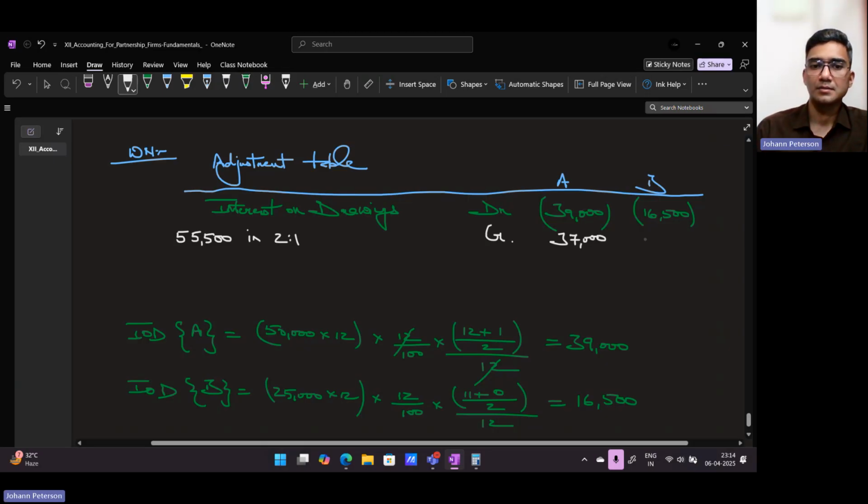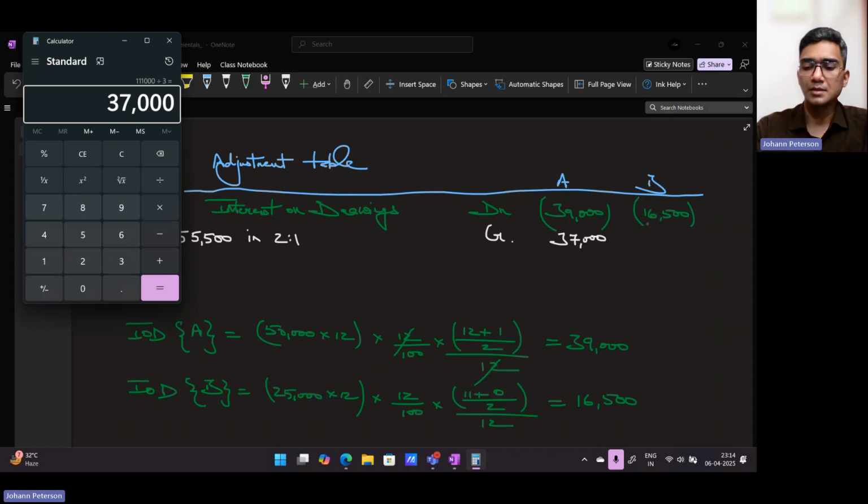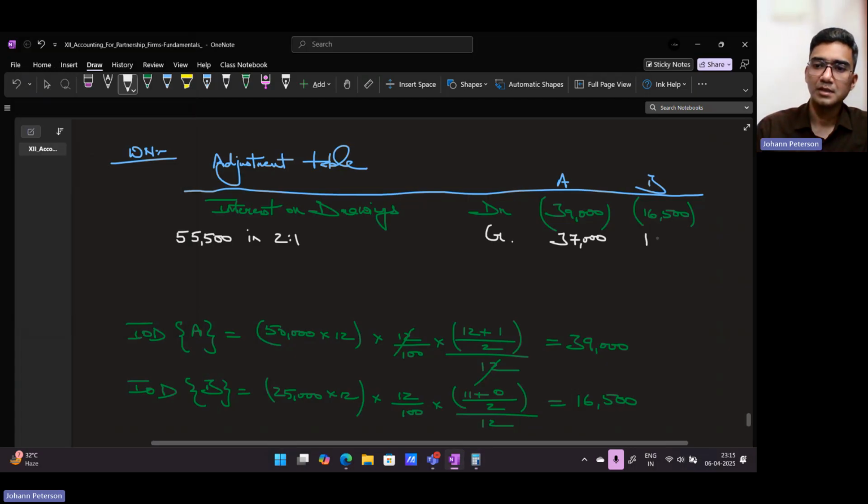And the side, 37,000. This is twice, right? So reduce it by half. That makes it 18,500. So here it will be 18,500.